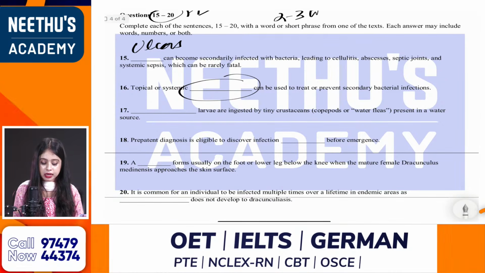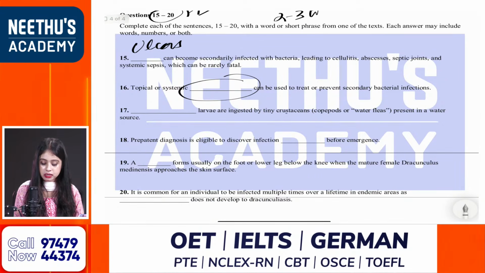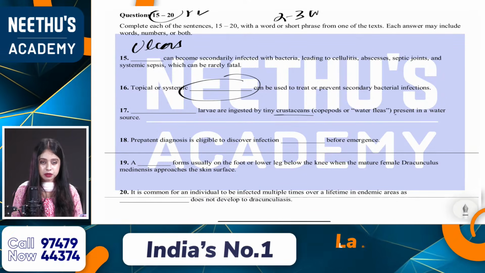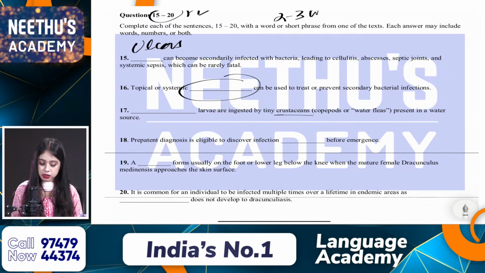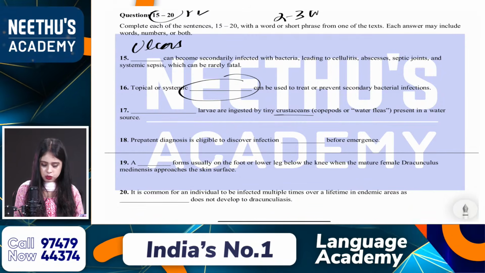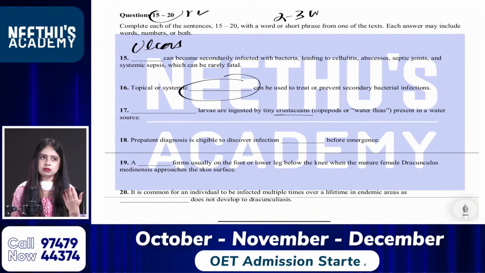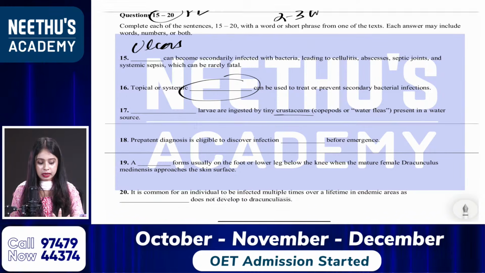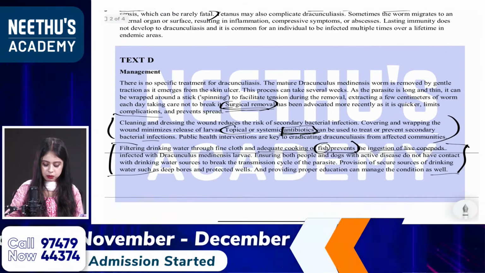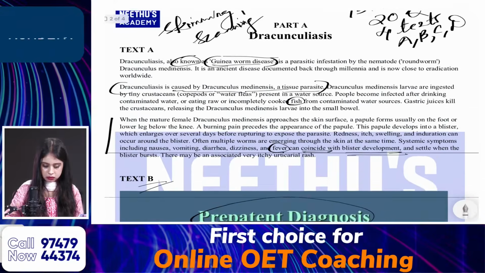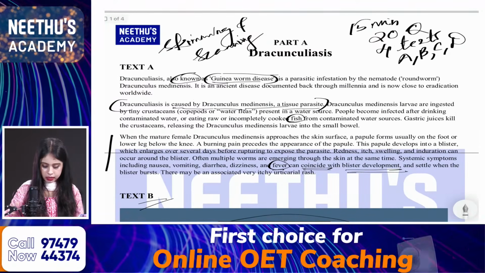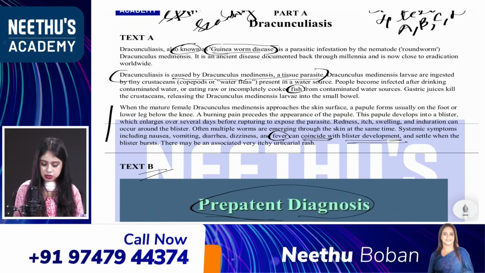The 17th one: dash larvae are ingested by tiny crustaceans or copepods or water fleas present in the water source. So what larvae is mentioned here? A very direct question. The larvae which is called, it is in text A, I guess. What is the name of the larvae mentioned here?